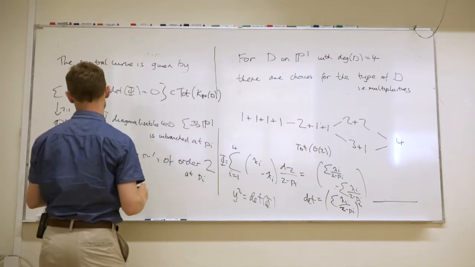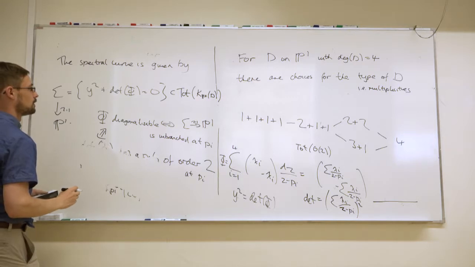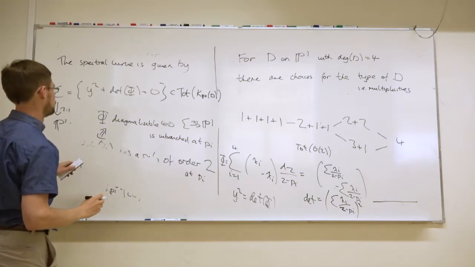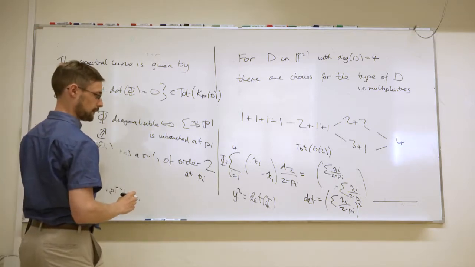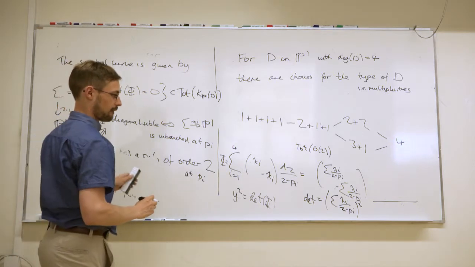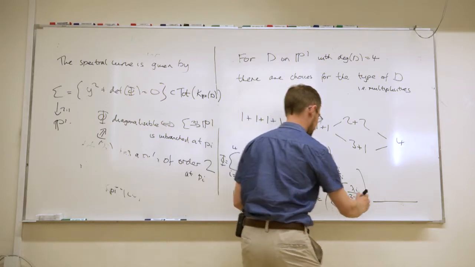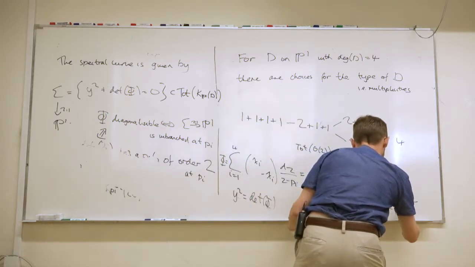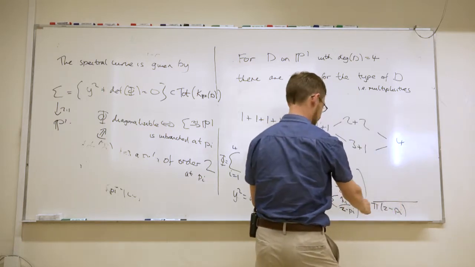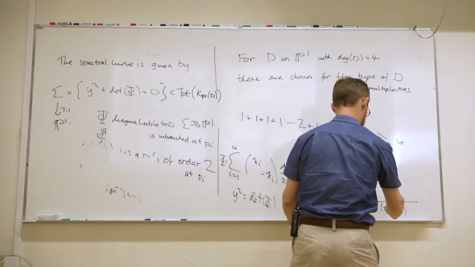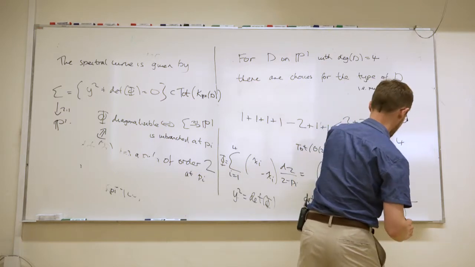So, what do you get here? You can put this over a common denominator where you just have this in the denominator, and then you have products of pairs in the numerator, right?